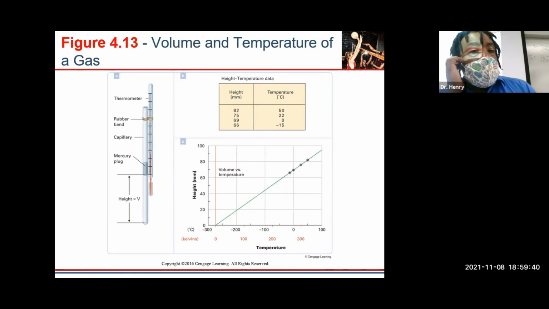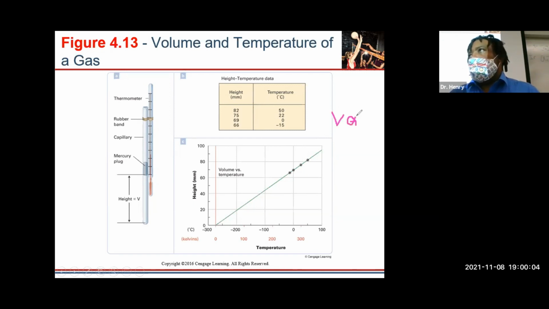Okay. So, if we have the volume, and we're looking at the volume versus temperature, right? When we're talking about gases, as the temperature goes up, the volume is going to go up. We said about pressure earlier.